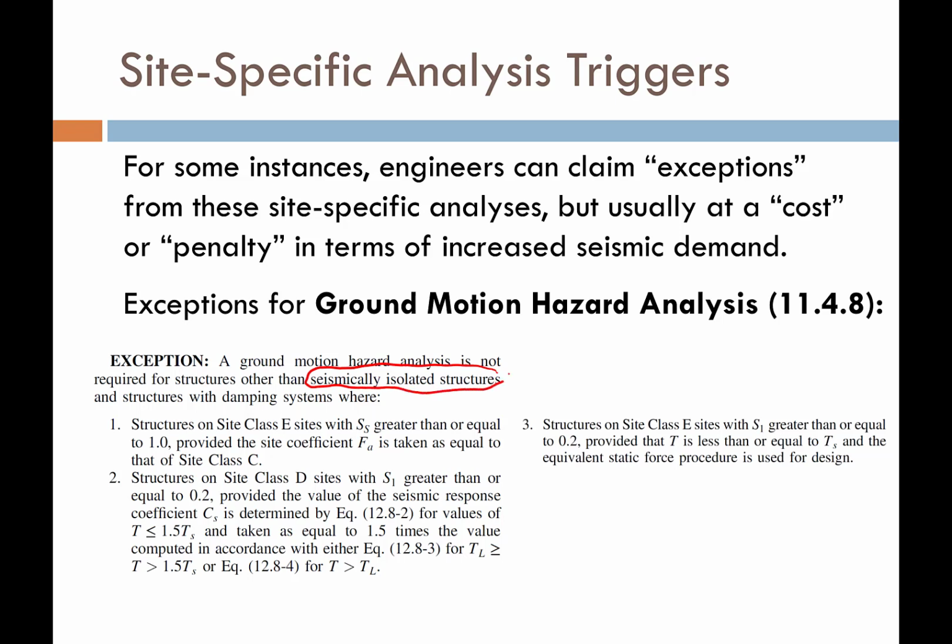So if you're doing a base isolated structure, you don't have a choice. The code says you have to do a GMHA, the ground motion hazard analysis. Or if you have a structure that has an engineered damping system, you have to do a GMHA analysis. But if it's just a typical structure that is not base isolated or damped, then here are some exceptions.